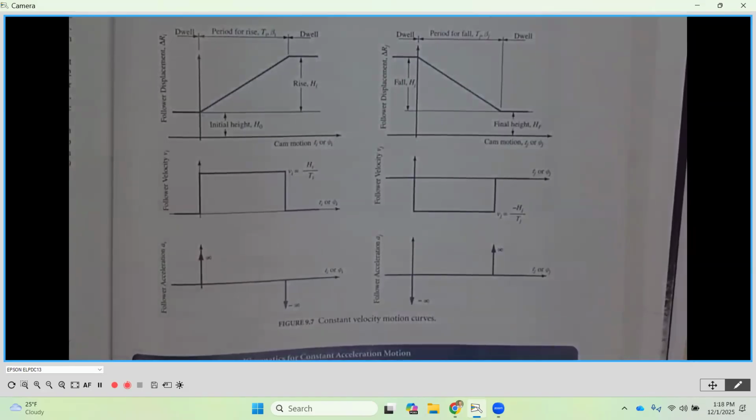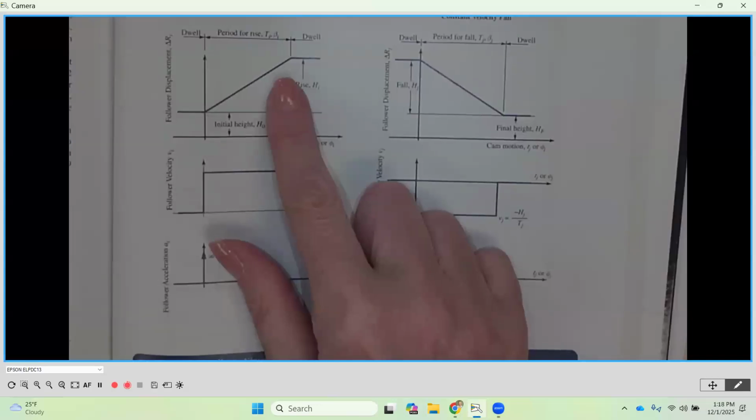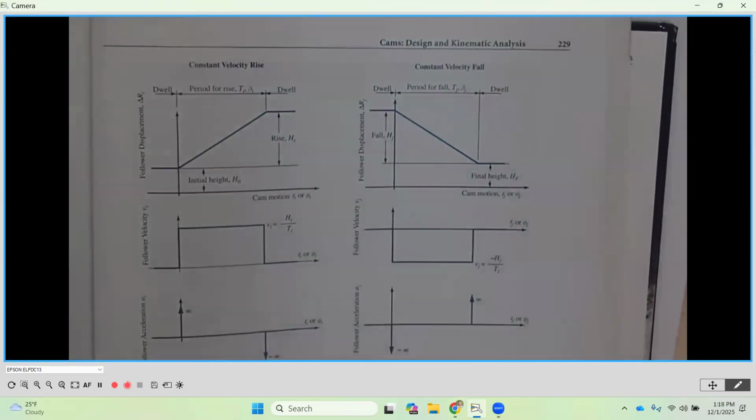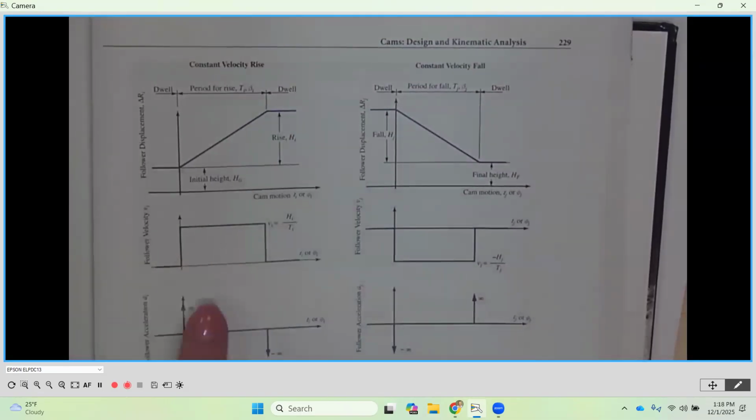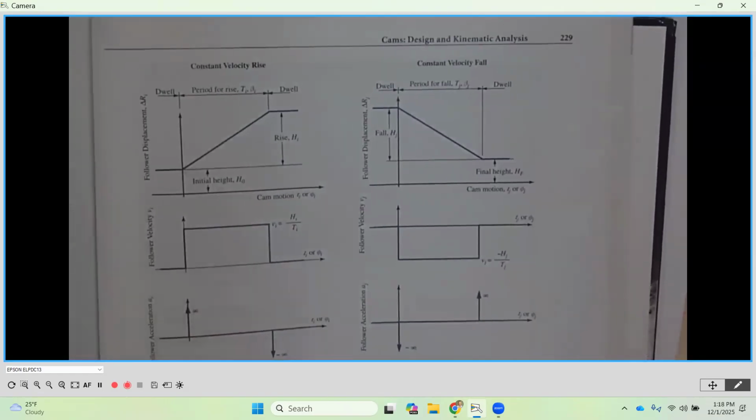There's going to be some sort of a speed up and a slowdown, or an acceleration or a deceleration. So even though this is considered one, you would have to use it for very, very low speeds and high forces so that you continue to get constant contact between that cam profile and the roller or the follower. So this is the first one, constant velocity. Again, low speed applications or not at all.